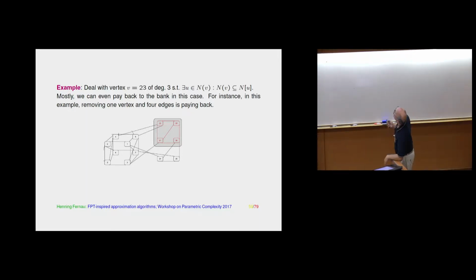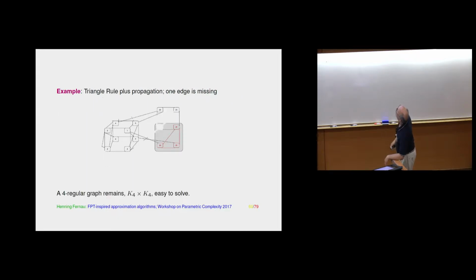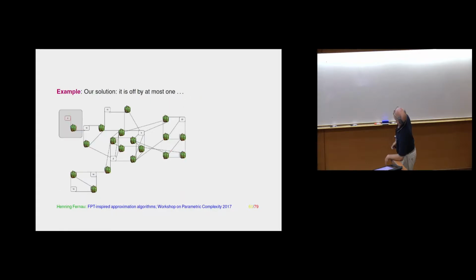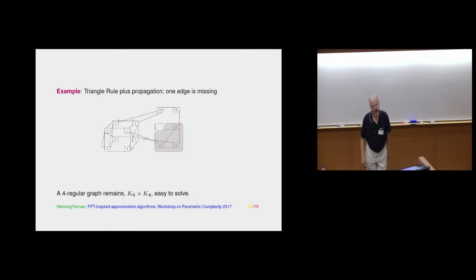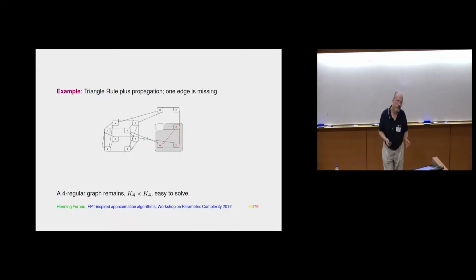So we can basically take this into the cover, and all of a sudden we have another degree 2 triangle here, so we can continue. This will fire again a degree 1 rule, and in the end of the day, this guy will remain, some K4 times K4, and I just say it's easy to solve.